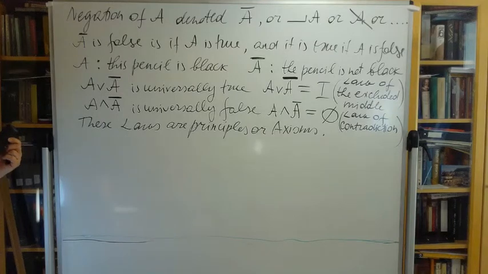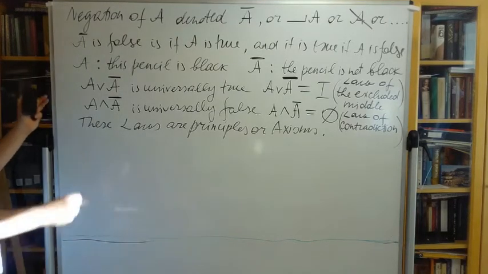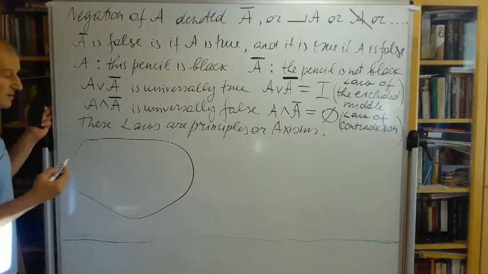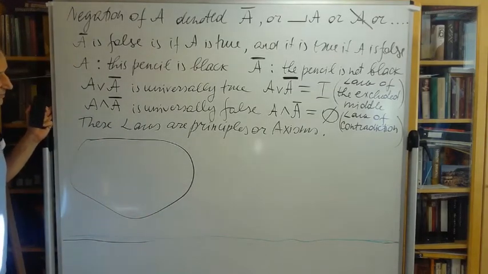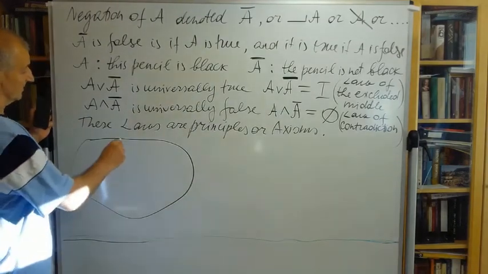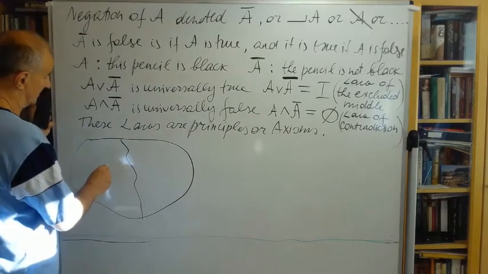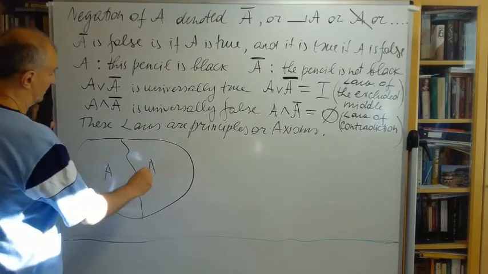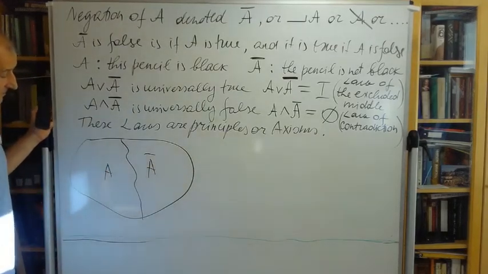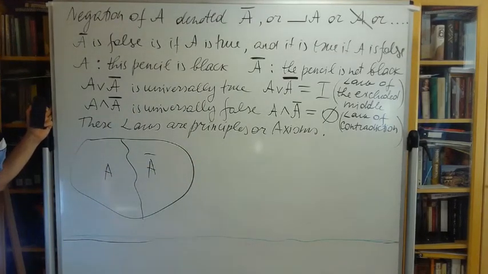If you take a universally true statement, I will show it like this. I do it intentionally ugly. Why do they always draw Venn diagrams with circles? I have no idea. And the whole world is divided. This is A, and this is not A. If you take the union of them, we get a universally true statement.